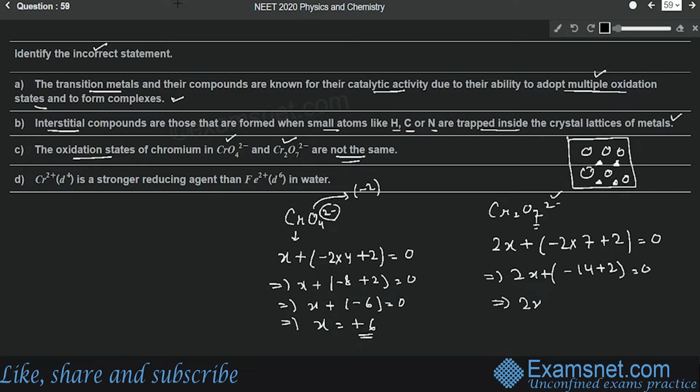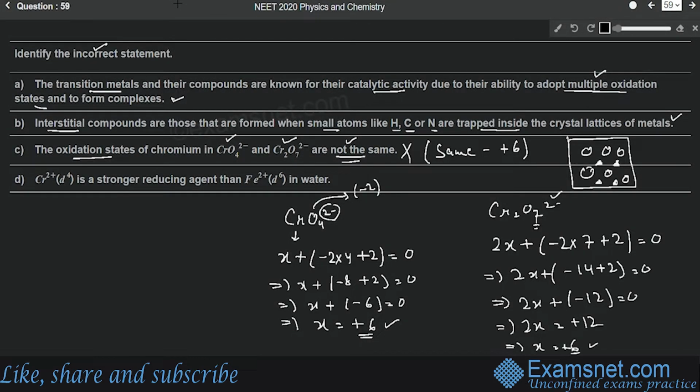So 2x plus -12 equals 0. That means 2x equals +12. So what will be the value of x? It will be +12 divided by 2, that means +6. So here we can see that the oxidation state of chromium is the same in both these compounds, that is +6. But here it is given they are not the same. So this is not a correct statement, because these are the same, and that is equal to +6. So we have already got the incorrect statement here, but we'll go through the last statement as well.